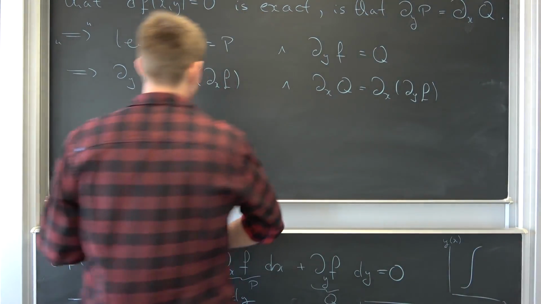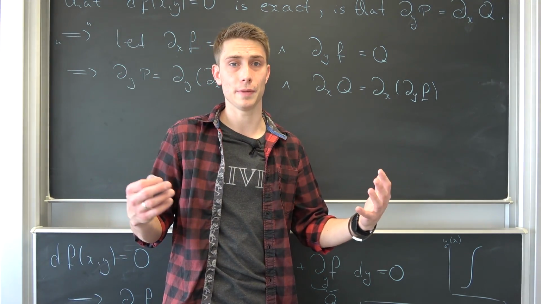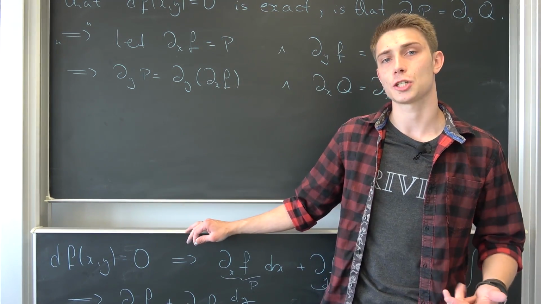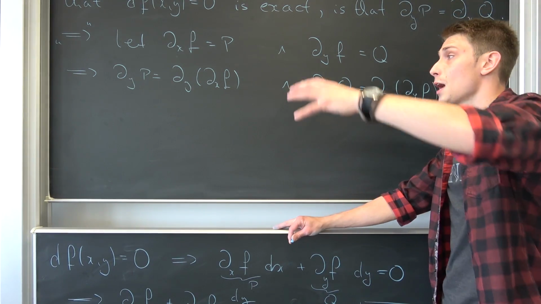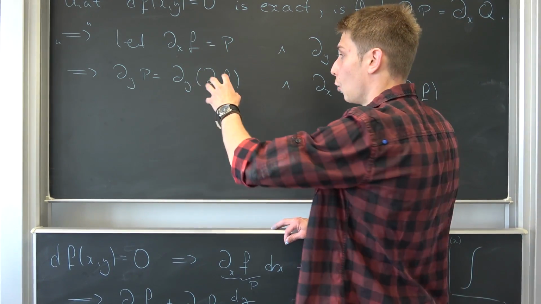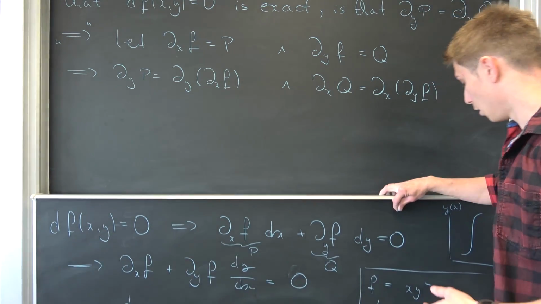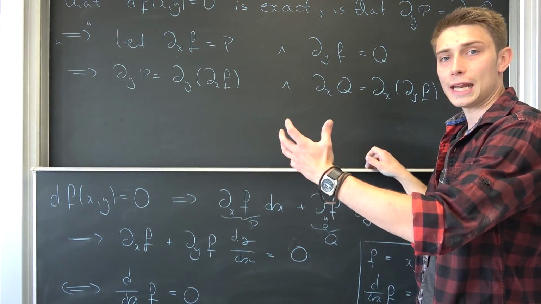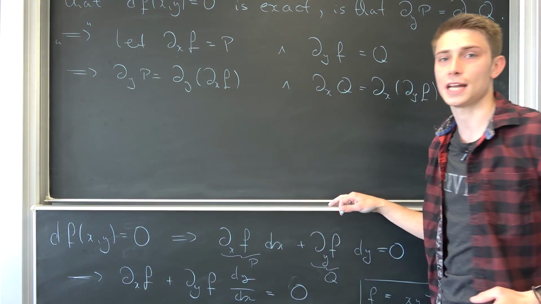Now here comes one thing into play, which is a theorem in analysis. Maybe you have heard of it before. It's Schwarz's theorem. It states that if certain conditions hold, and the conditions that we need do hold, so f is continuously differentiable, and we have defined it in a simply connected region R, we can actually interchange our order of differentiation.